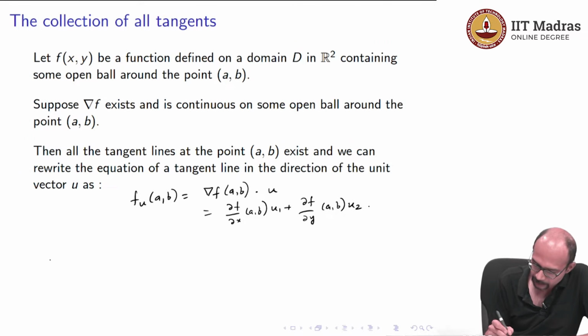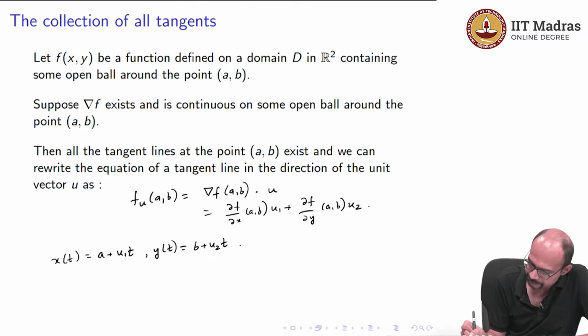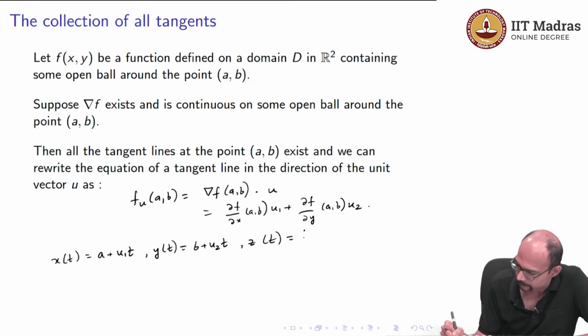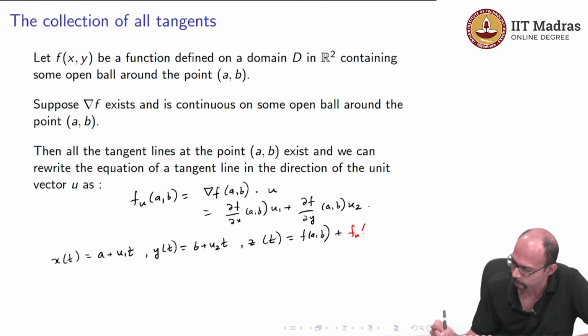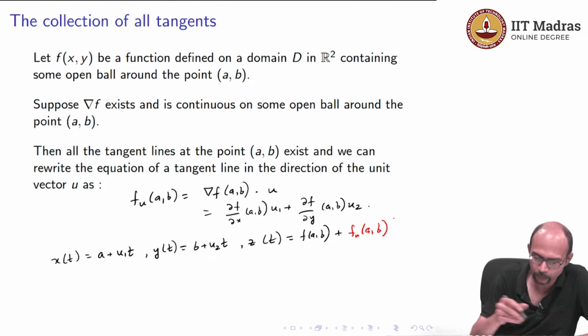Now I can rewrite the parametric equations as x(t) is a plus u1 t, y(t) is b plus u2 t, and z(t) is f of (a, b) plus, and now here something has changed because we had f_u of (a, b) times t, but I know that f_u of (a, b) can be rewritten.